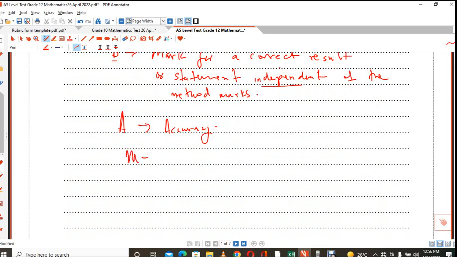M1, this one you heard me talk about a lot of times. These are method marks that are given for a valid method. So your method should be valid. Sometimes you arrive at an answer, but the method that you used to arrive at that answer was totally wrong.